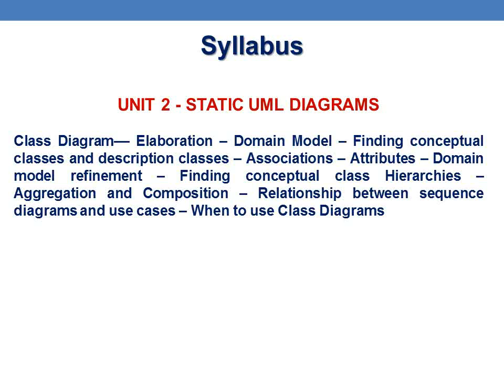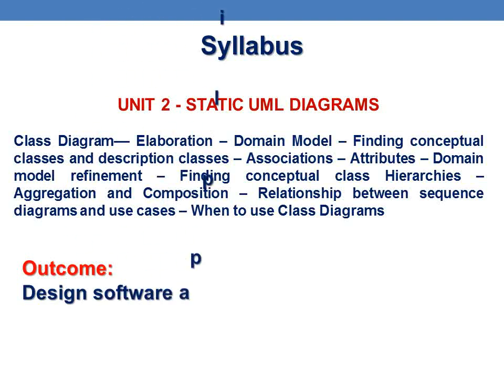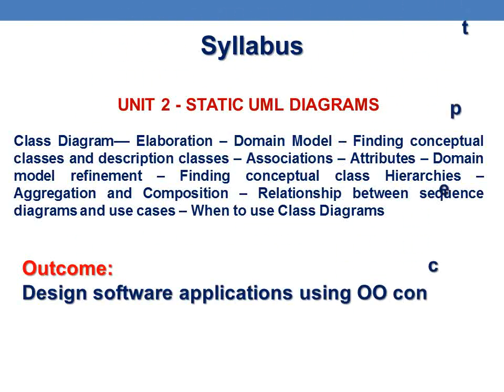These are all available in the second unit topics. So from these topics we get the outcome: design software applications using object oriented concepts. We will be able to design software applications based on OOAD concepts.